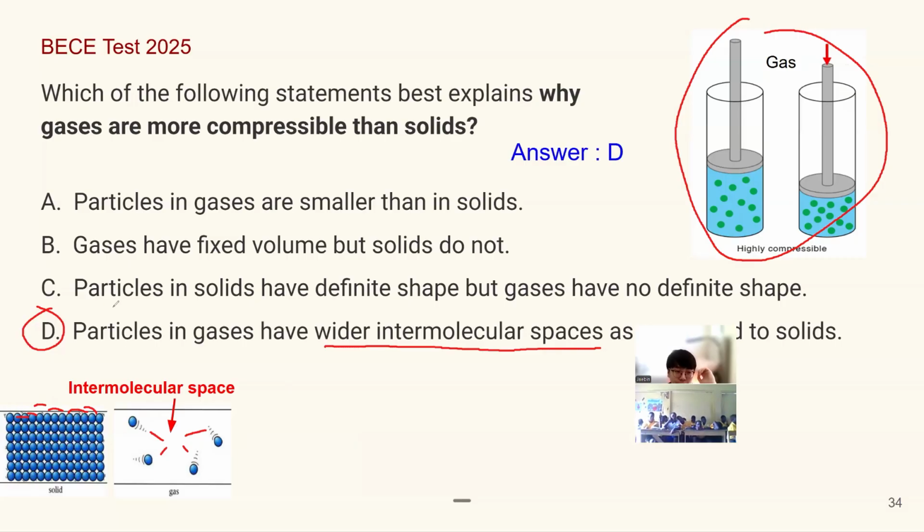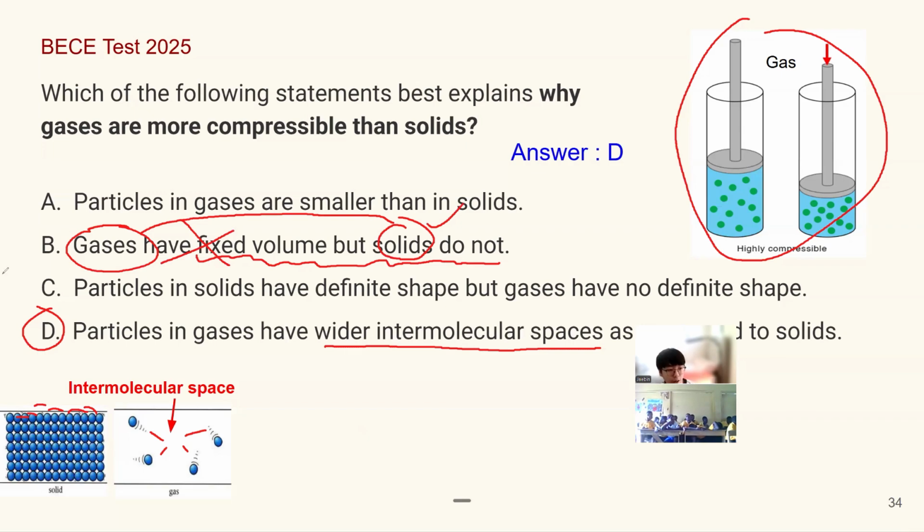If we said B, gases have fixed volume, but solids do not, that is true. Sorry, it's actually not true. It should be the opposite. So if we switch the gases and the solids, this might work out, but you can see that gases do not have a fixed volume, and solids do have a fixed volume.